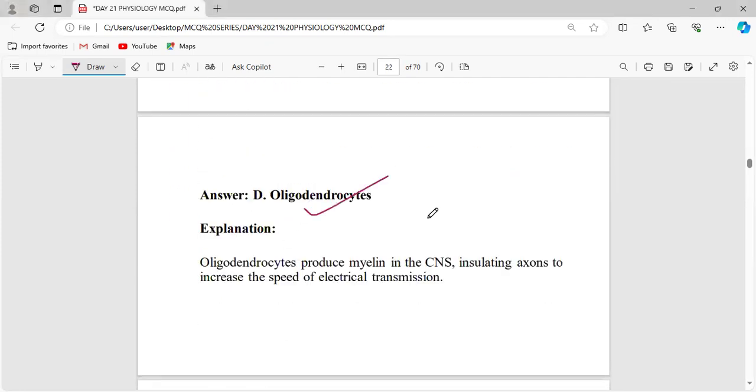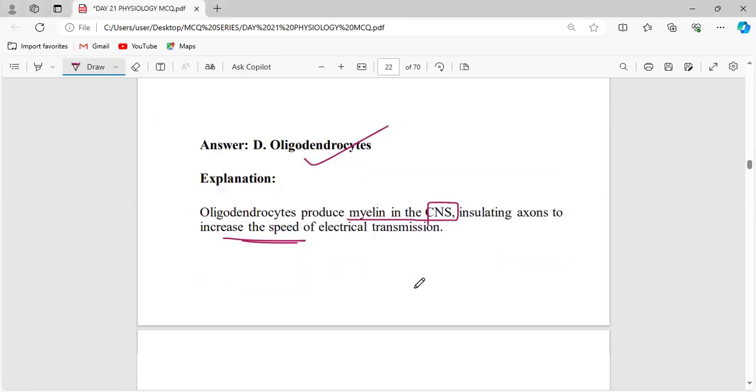That will be oligodendrocytes. They produce the myelin in the central nervous system, insulating the axons to increase the speed of electrical transmission, right?